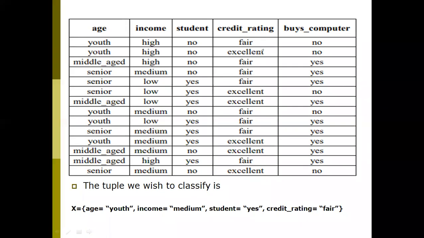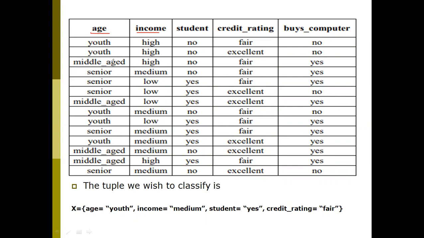Okay, this is my data set. Each and every attribute of this data set is a categorical attribute, isn't it? If you take age, it has youth, middle-aged persons, and senior citizens.